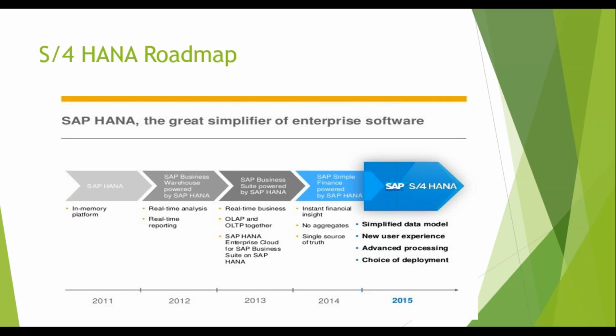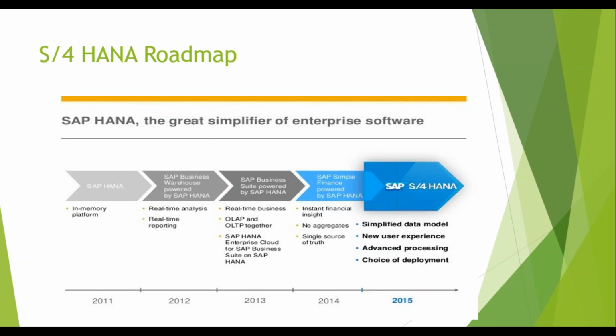Okay, before that, as we know, we were using ECC, various versions of ECC, EHPs, and the traditional databases were supported. So SAP came up with SAP HANA database in year 2011, and the first product that was built on SAP HANA database was not ECC.